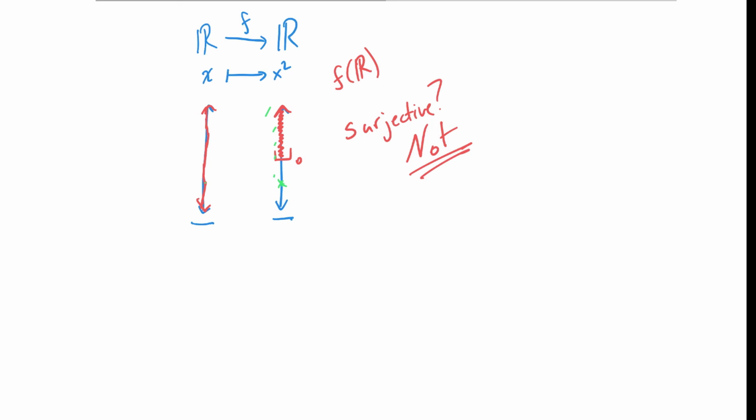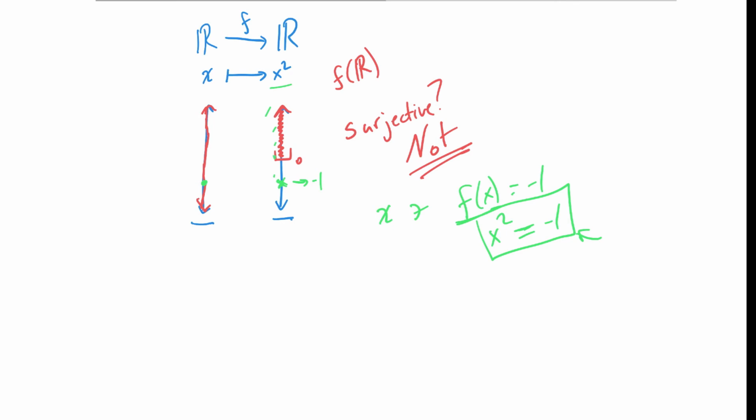Well, is there some x that mapped to this bad boy right here? Let's say that one's -1. Well, if that was the case, then that would be a value of x such that f of x equals -1. But what's f of x? f of x is x squared. So that'd be a value of x that squares to -1. That's bad news bears right there. So it is not surjective.